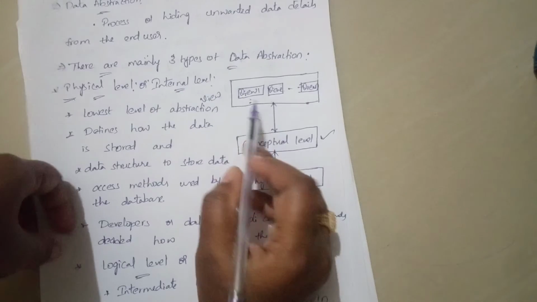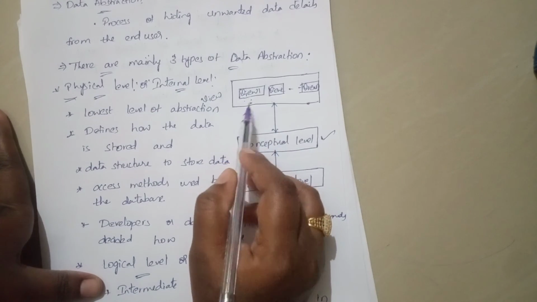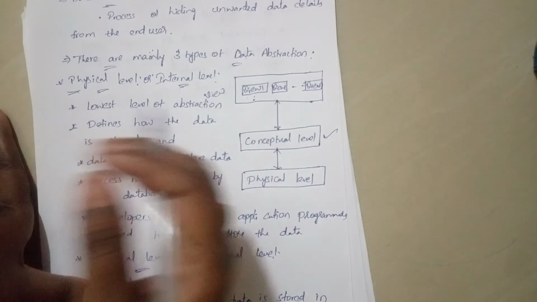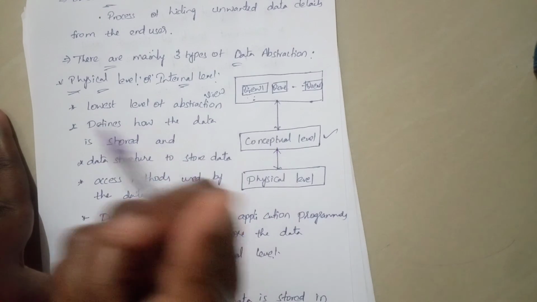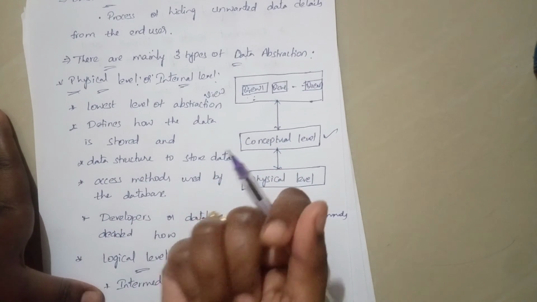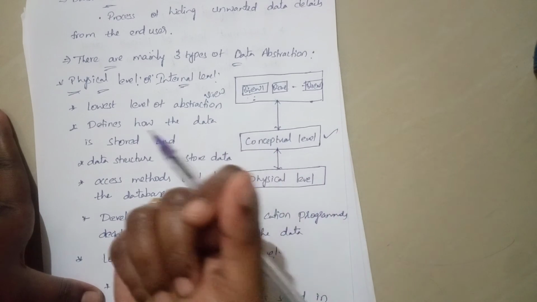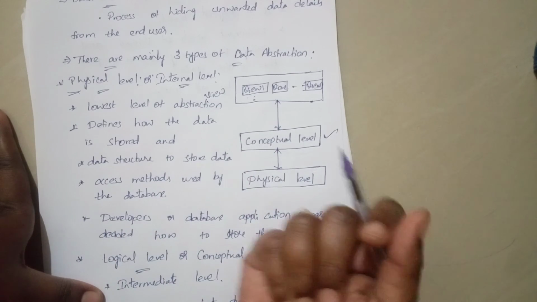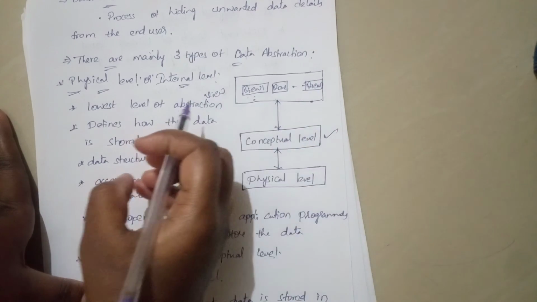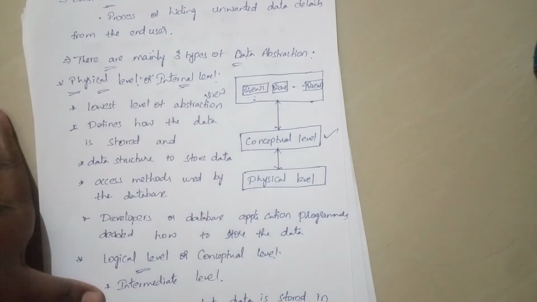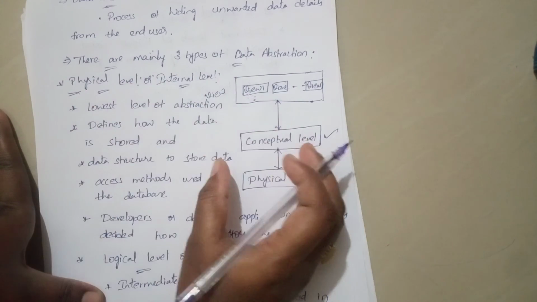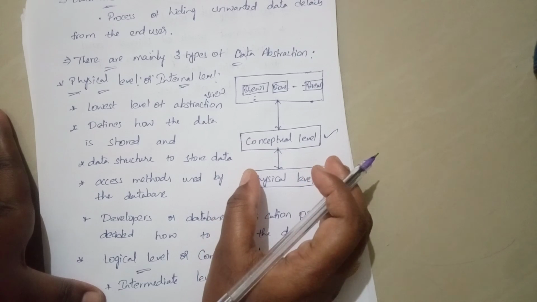The user does not know how the data is stored or what data is stored in the database. They are hidden from the user, and the user only accesses the needed, required data, without knowing anything about the data storage.